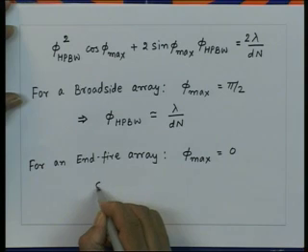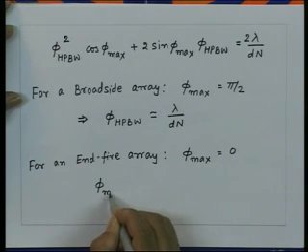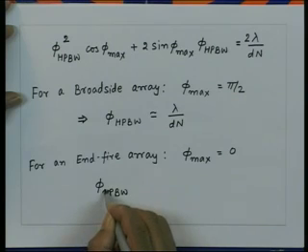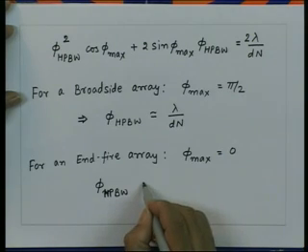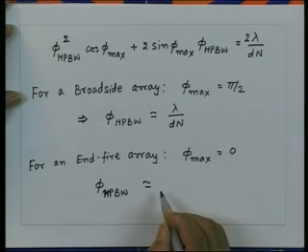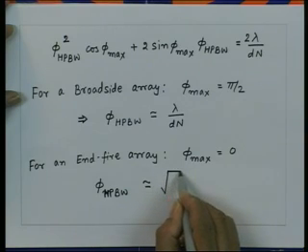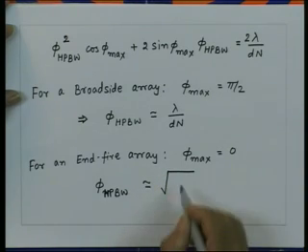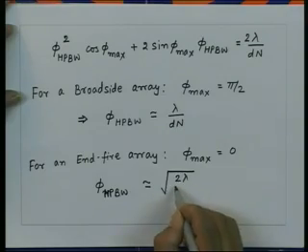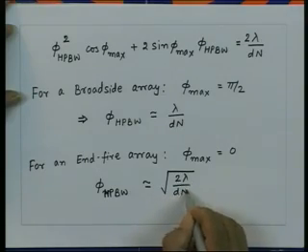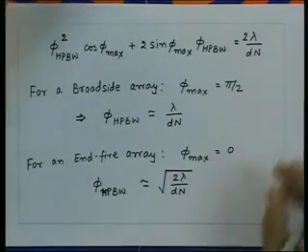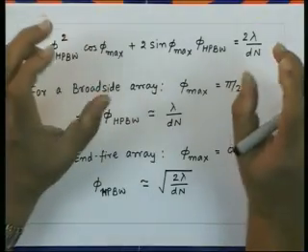So, you will get phi half power beam width approximately equal to square root of 2 lambda upon dn.